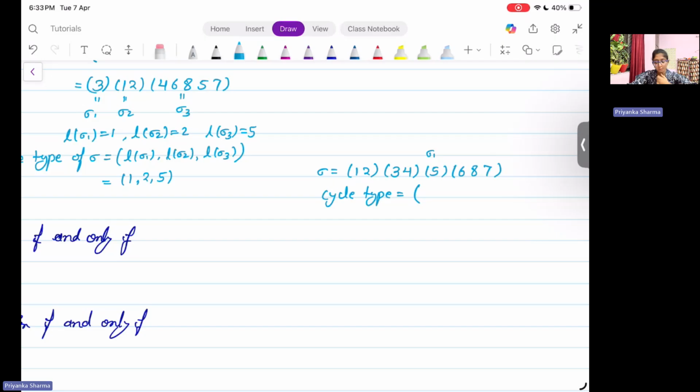Now sigma 2. So we have two cycles of length 2. There is no problem. Either this can be sigma 2 or this one. And now this will be sigma 4. So the cycle type will be 1, 2, 2, and 3.